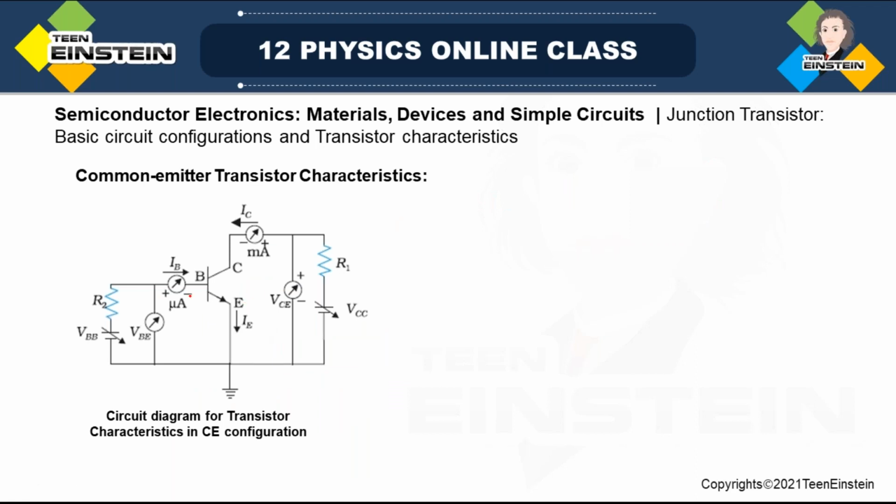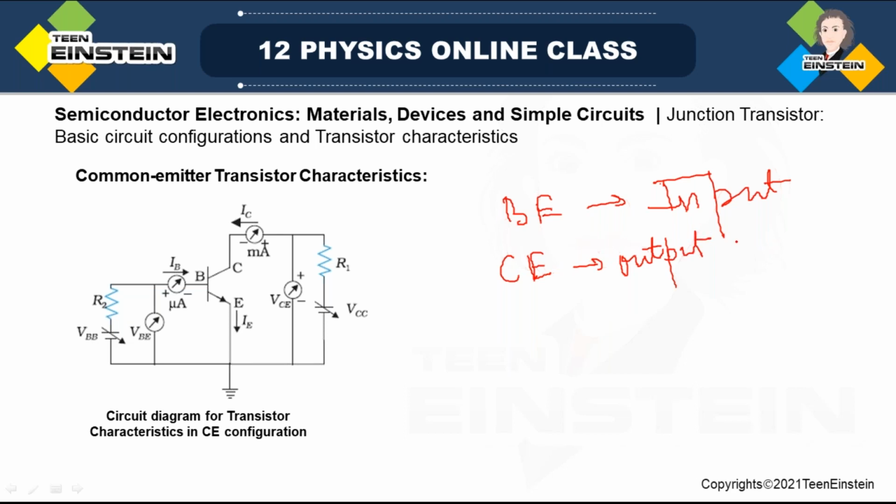See, as I said, the BE junction was input junction. Okay, BE junction was input junction. And CE junction is output junction. Okay, output junction. Here it is input junction.